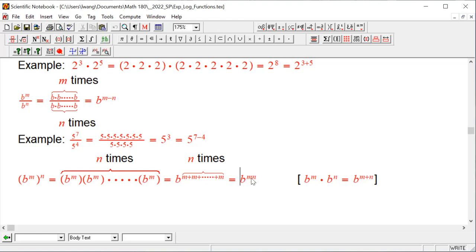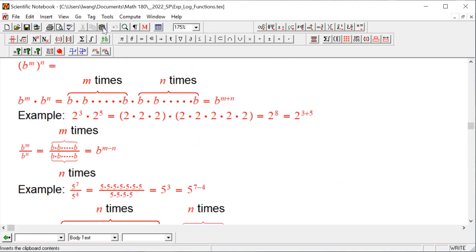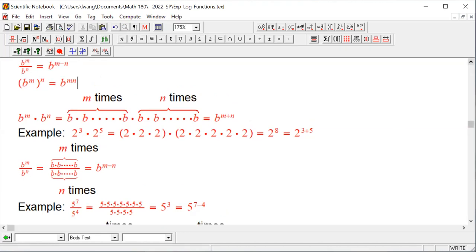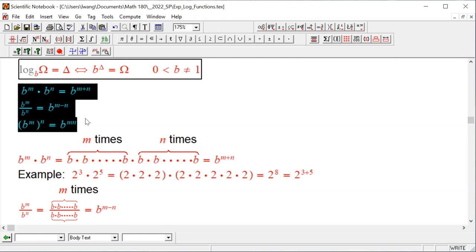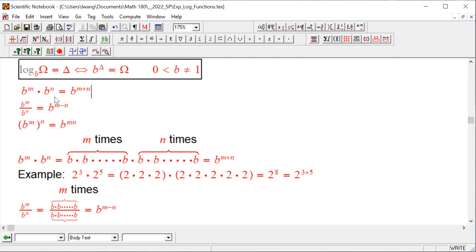Okay, so now we have derived the next property right here, the property about powers, right? We got these three formulas, and let's box them for our future use.